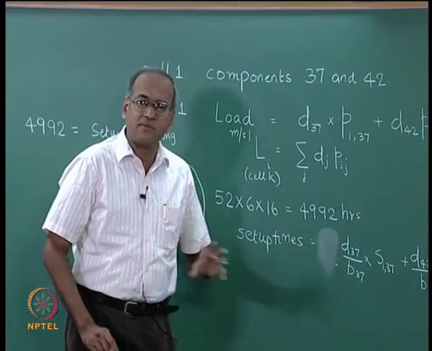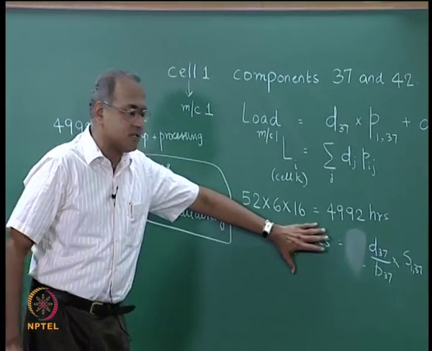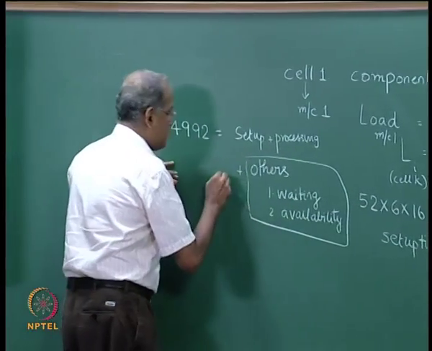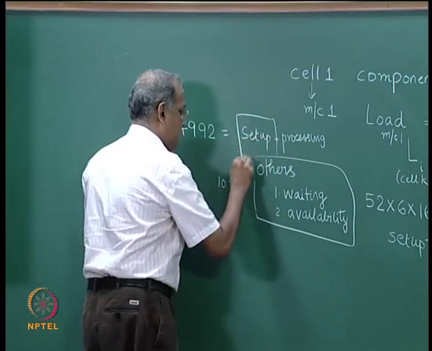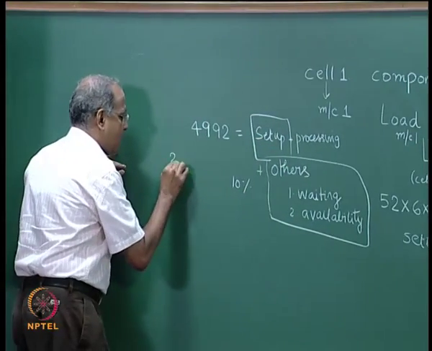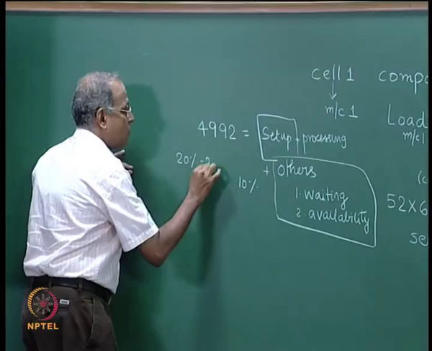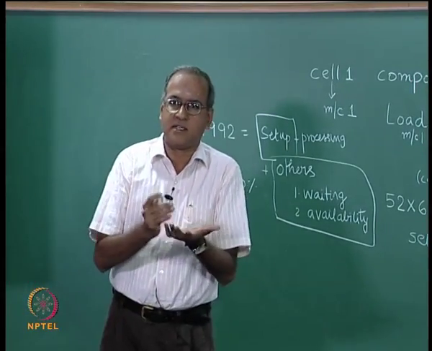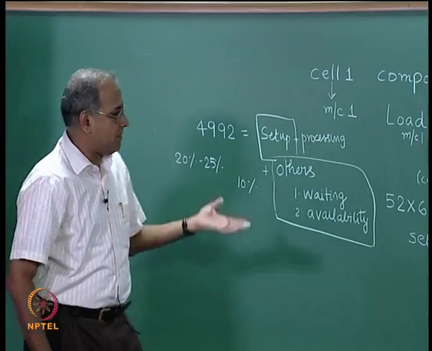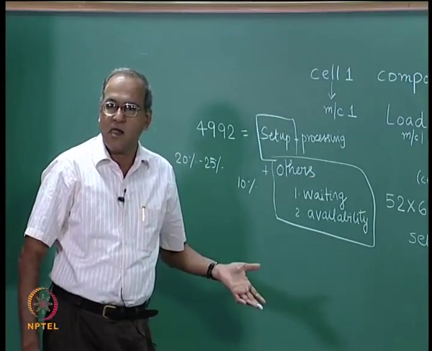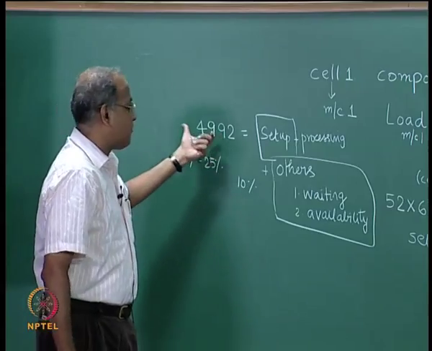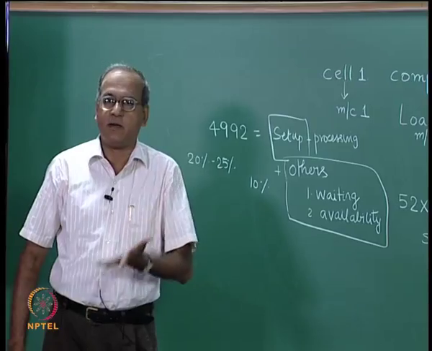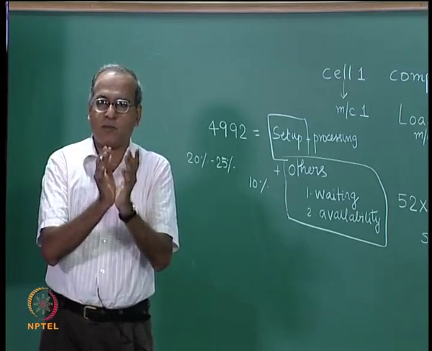Therefore, it is difficult to measure this completely accurately. So, it is customary to say that this plus setup, the whole thing, would take something like 20% to 25% of the time. So, the organization, based on experience and some of these computations, would say that about 75% of this 4992 would be made available completely for processing.